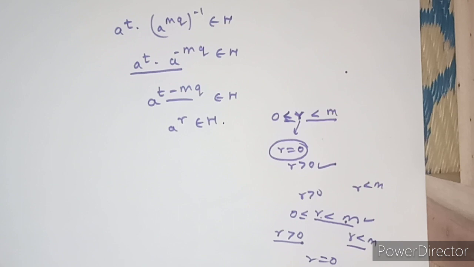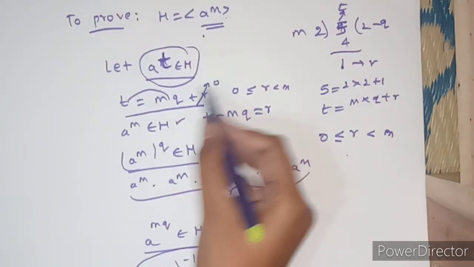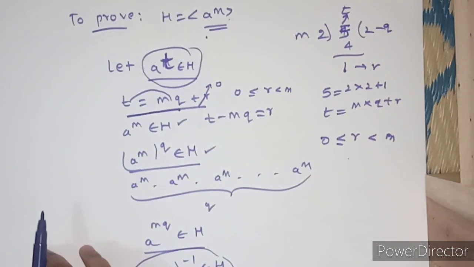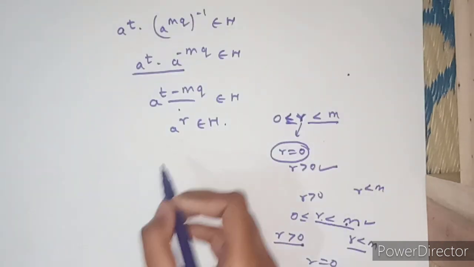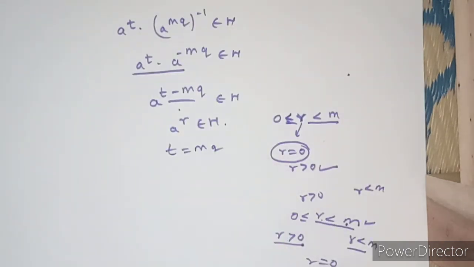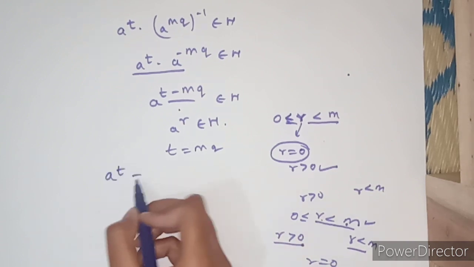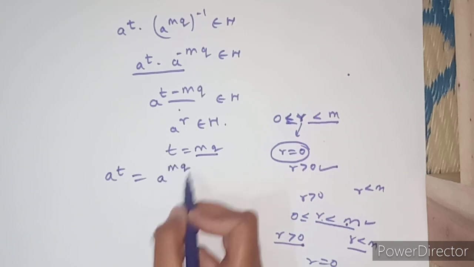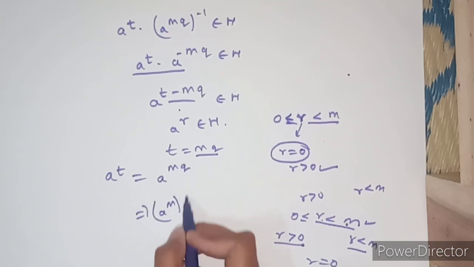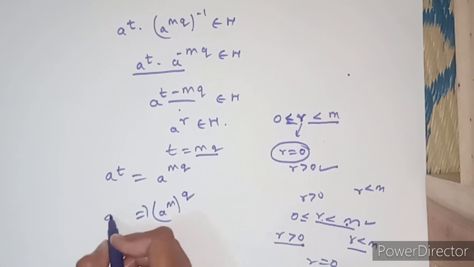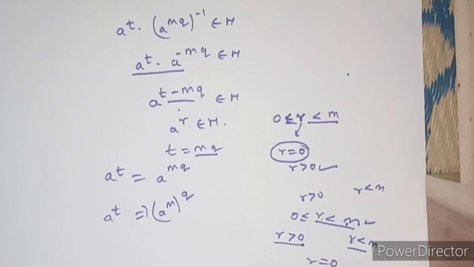If r is equal to 0, then t is equal to mq, right? So substitute t is equal to mq. Now a^t is equal to a^(mq). This can also be written as (a^m) to the power q. So a^t is equal to (a^m)^q. I have already told you that if every element of a group is an integral power of the generator, then it is cyclic.